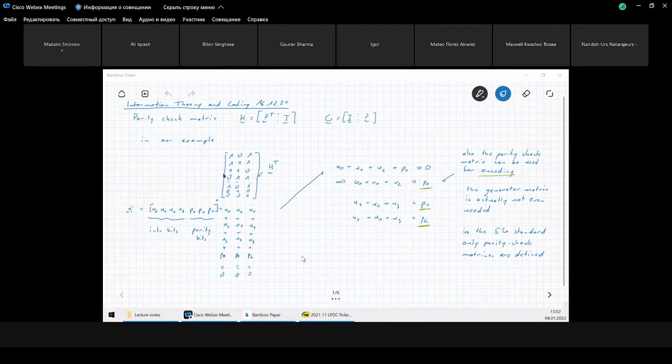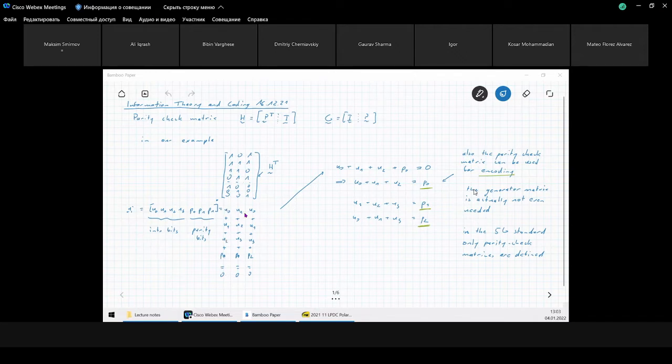And we can also see that, of course, this parity check matrix also describes how the parity bits are calculated. Where we have ones in the parity check matrix, here in the columns of H transpose or the rows of H, this means 1 times U0 plus 1 times U1 plus 1 times U2 plus 1 times P0 must be 0 in order for the code word to be a valid code word.